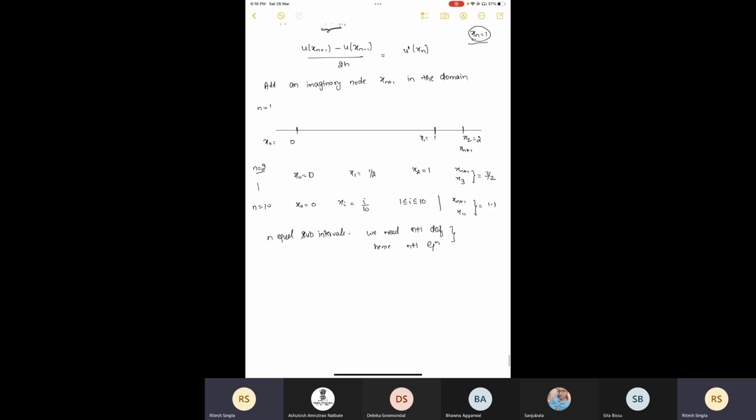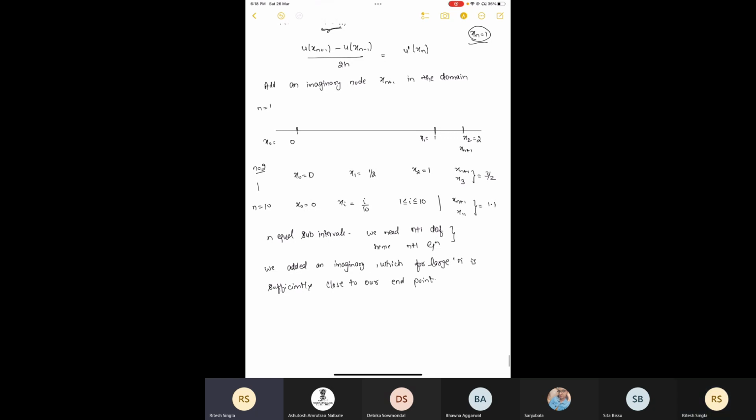So what we did, we added an imaginary node, which for large n is sufficiently close to our endpoint.